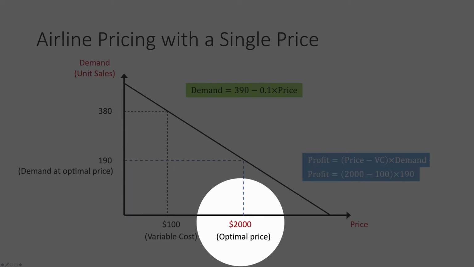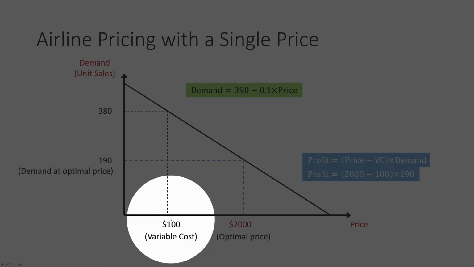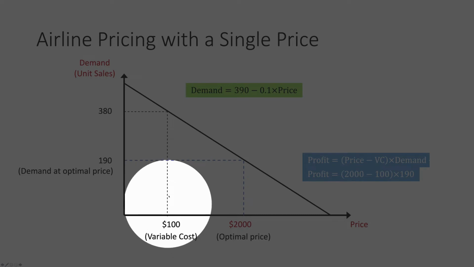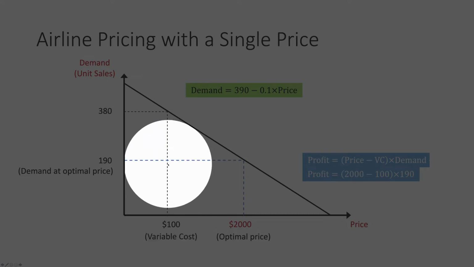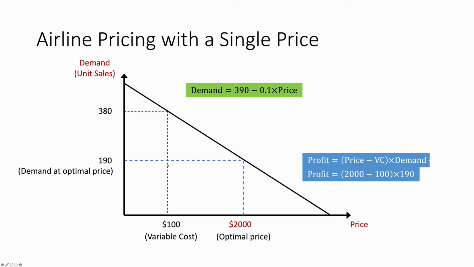So we have 2,000 minus 100, and that times 190. So by now you probably have figured out, well, this calculation looks like the size of the rectangle. So you have the width on the horizontal axis, that is 2,000 minus 100, and you have the height, that is 190.